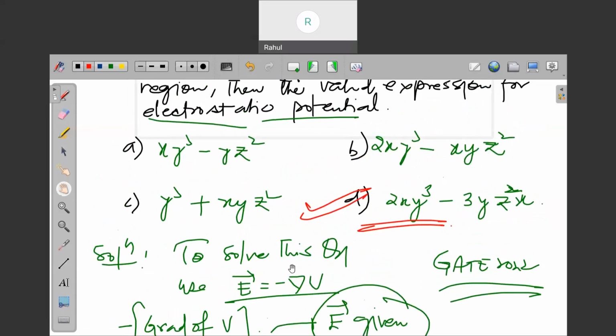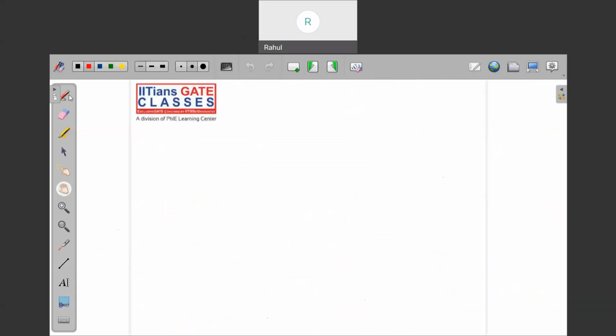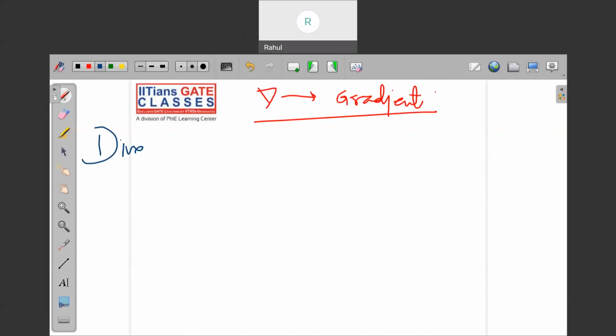So let me talk about different operators. We discussed the Del operator, that was the gradient one, followed by a few problems we solved. Now we will talk about divergence, the divergence operator.